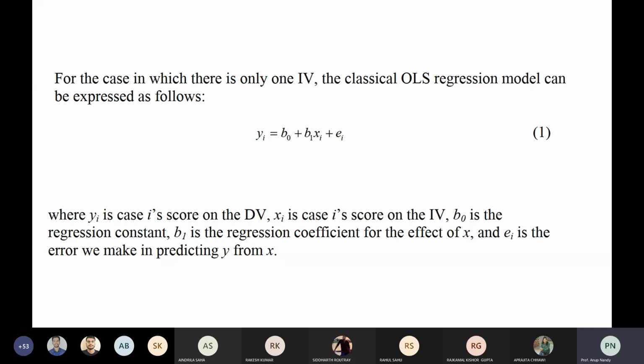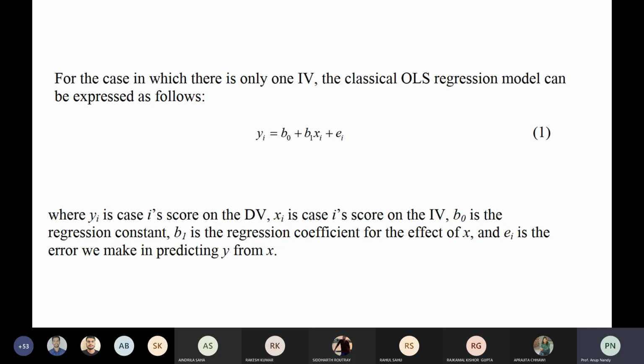Some sample values, some observations are there, from i equal to 1 to n. Similarly, you need to have the score yi for each observation against x1, x2 till xn. But b0 is called the regression constant, as I already told you.